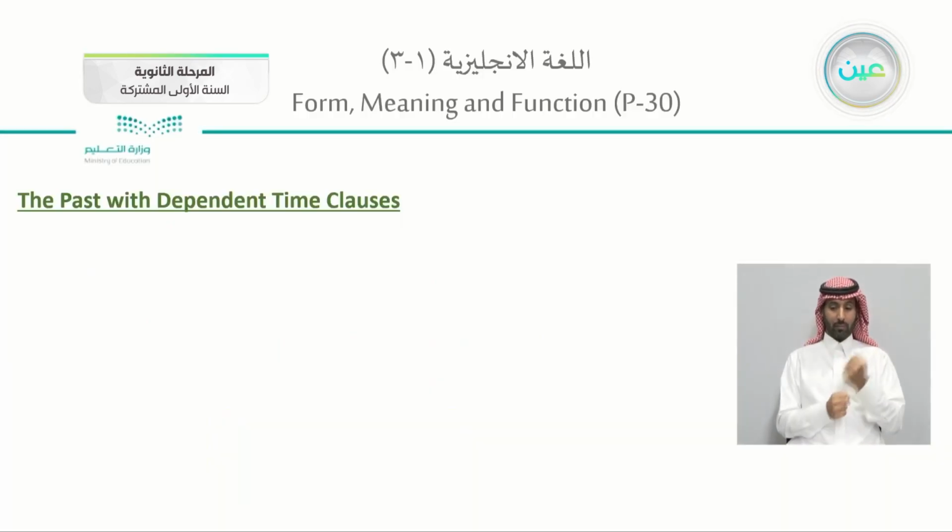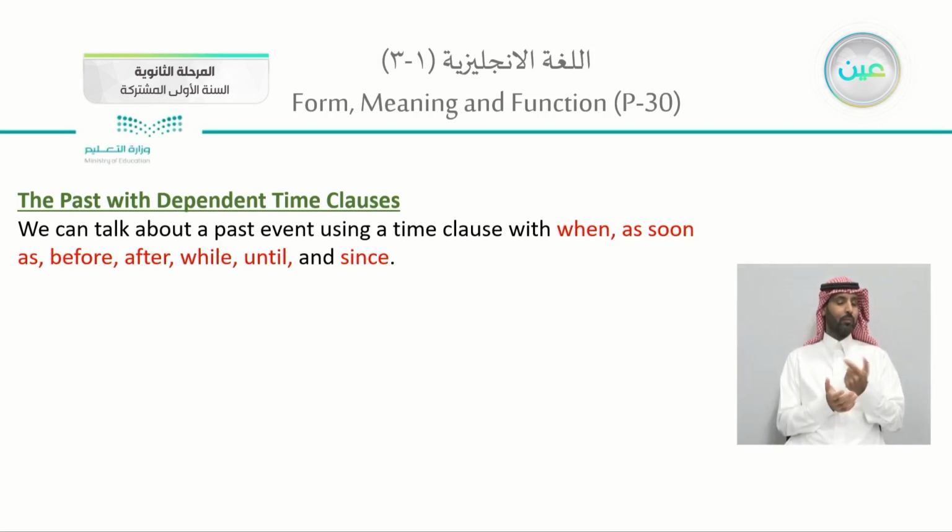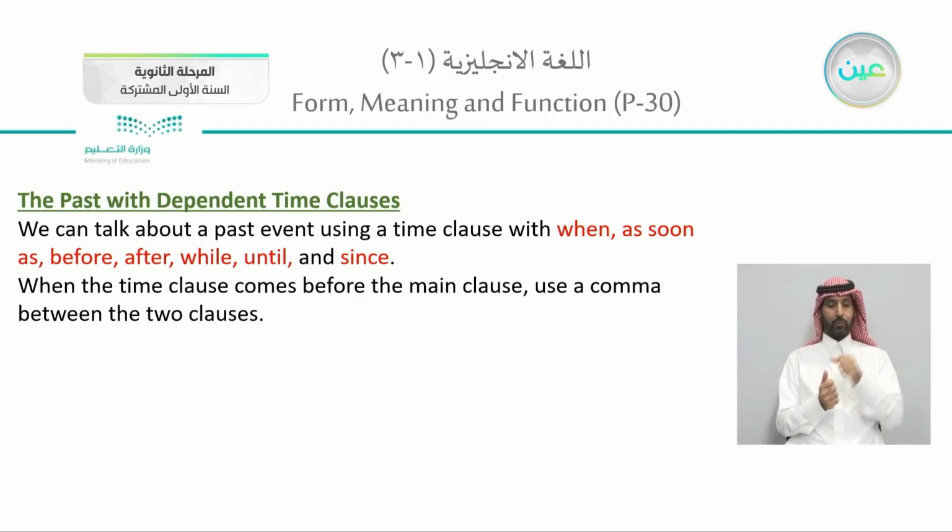In your books, page 30, the past with a dependent time clause. We can talk about past events using time clauses that start with when, as soon as, before, after, while, until, as well as since. When the time clause comes before the main clause, so we start with them, we start with when, as soon as, or the others, use a comma between the two clauses.